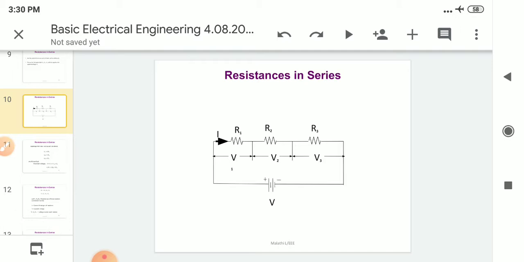Overall, what we are learning in a series circuit is that all the bulbs or whatever things are connected in series. If we give supply to it, either everything operates or nothing operates.